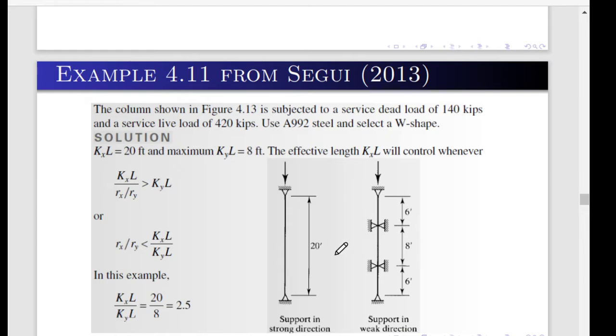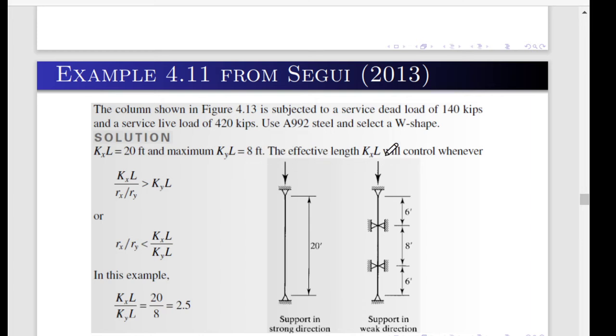So we have this in the strong direction, KXL is equal to 20 feet since it is pin supported at both ends, meaning your value of K is 1.0. So KXL is equal to 20 feet and the maximum KYL from here is 8 feet.